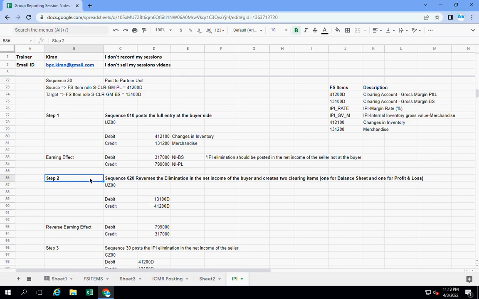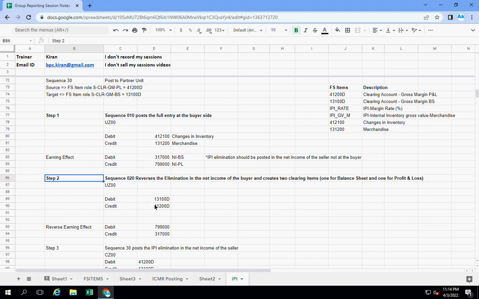In step 2, we will reverse the elimination in the net income of the buyer. Whatever is posted here, this entry we will reverse, and we will create 2 clearing items in the buyer books only. The 2000 amount of changes in inventory we will post to the clearing accounts.